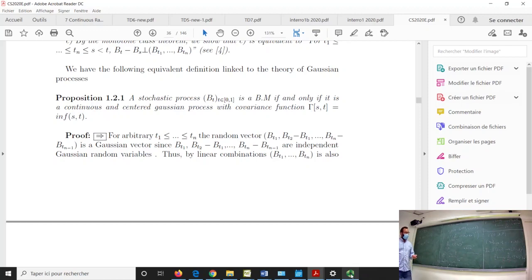And what will be the variance? I have proved that the variance of this one is just the sum of the squares of the coefficients, and I can pass to the limit because if you have the convergence in L2, so if xn converges toward x in L2, the variance of xn will converge toward the variance of x. And so here I have the sum over n belonging to N of f of Tn squared.